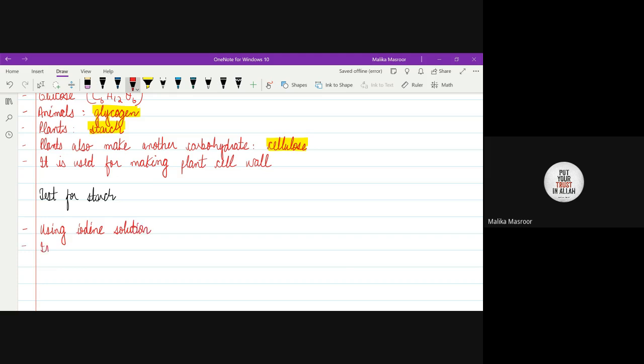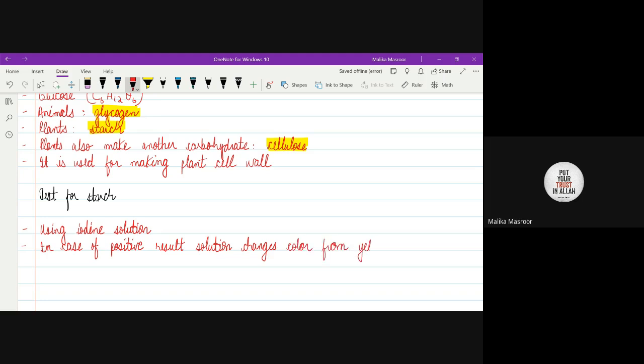In case of a positive result, what will the color change be? Does anyone know? Blue black. It will change from yellow brown to blue black.